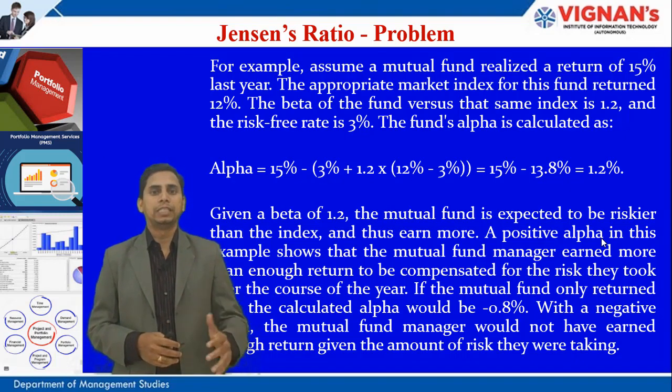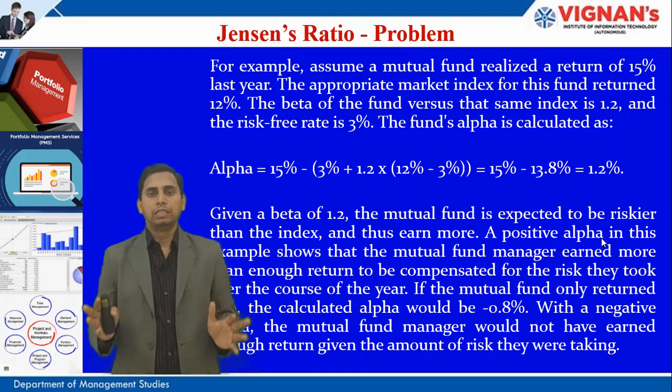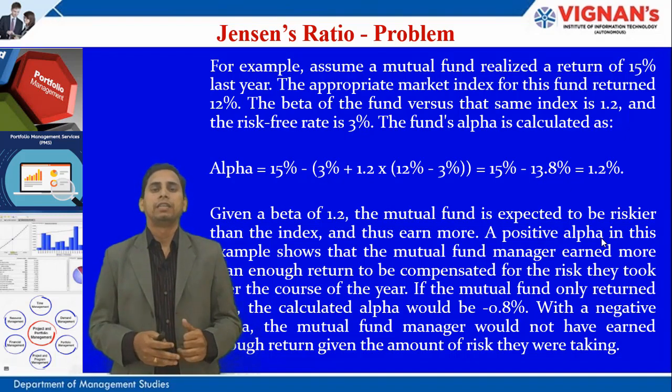So with a negative alpha, the fund manager would not have earned any return for the risk the mutual fund has taken. That way we evaluate the return of the portfolio in terms of the risk taken in the Jensen ratio.